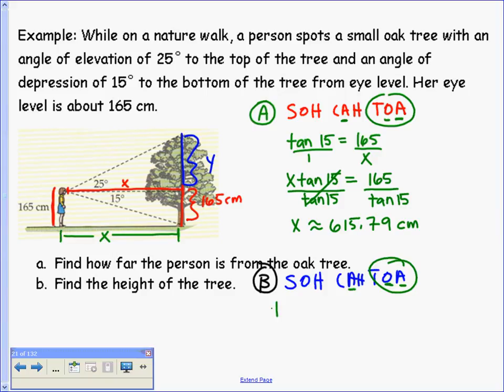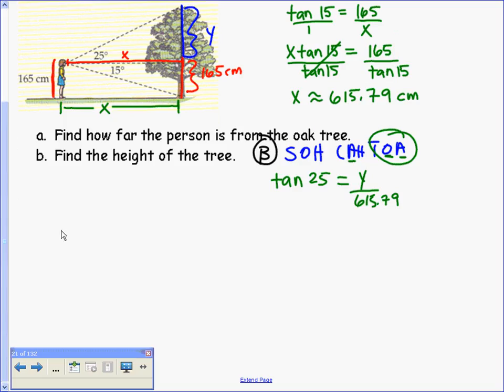So I have the tangent of that 25-degree angle is going to be y over my x value, which is 615.79. I could leave its exact value in there to help me out if I wanted to, but we'll just do this for now. So I've got 615.79 times the tangent of 25 is equal to y.